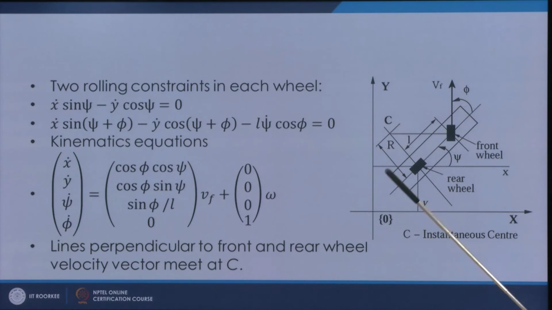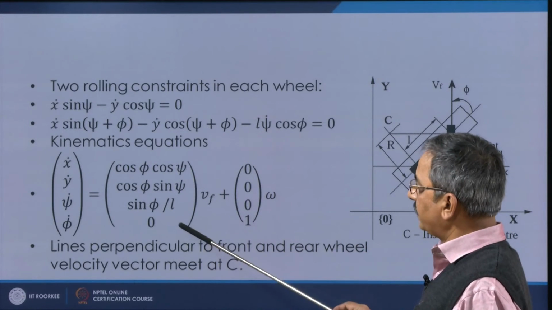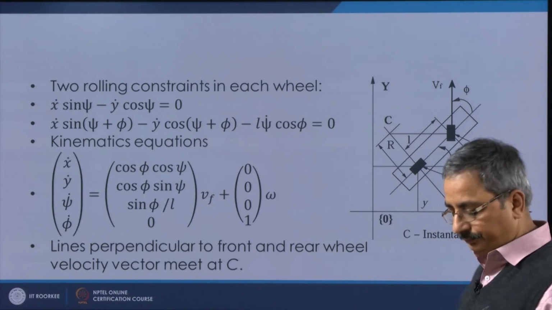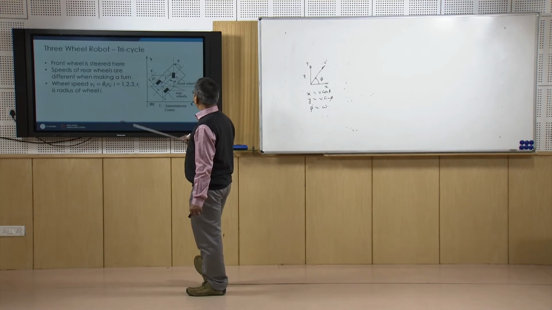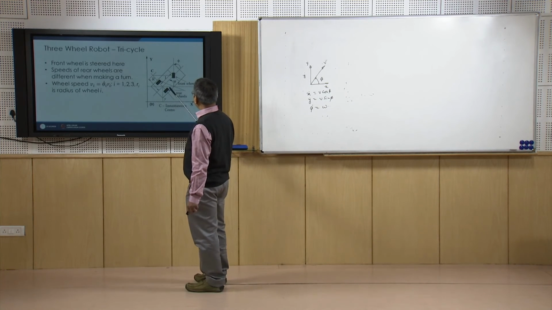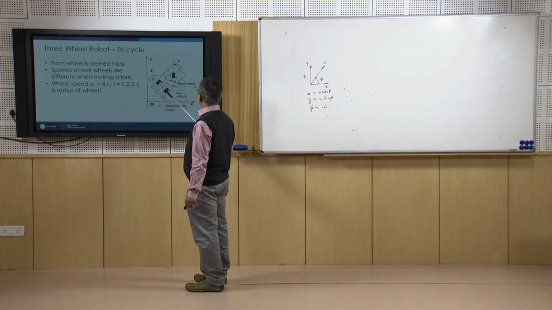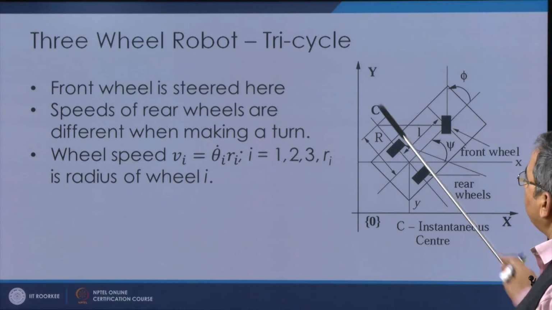So, here we have seen the constraint equation for the wheel as well as the kinematic equation. Likewise, similar to the two wheel, we can work for the three wheel also. Here you can see that there are two rear wheels, okay, and you have a front wheel, fine, and say C is the instantaneous center of rotation, and of course everything is expressed with respect to a zeroth frame, that is the x and y frame.